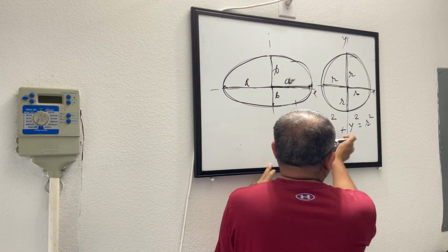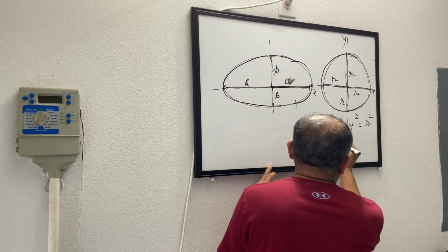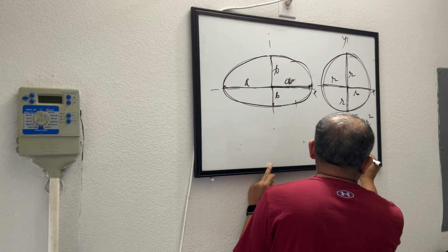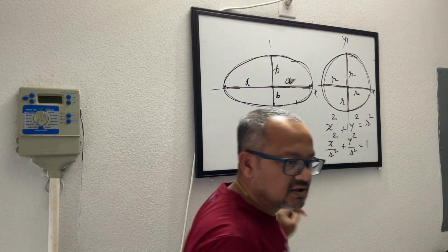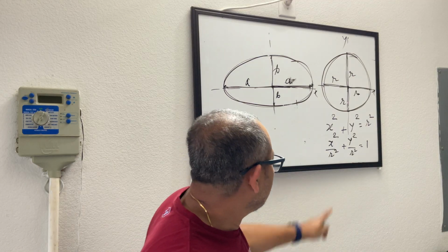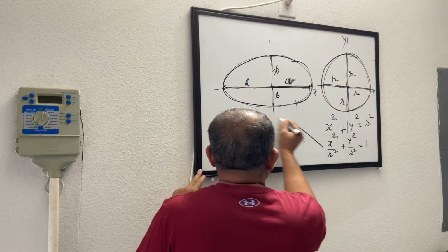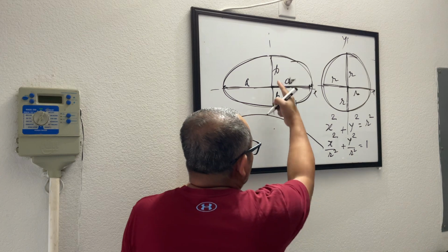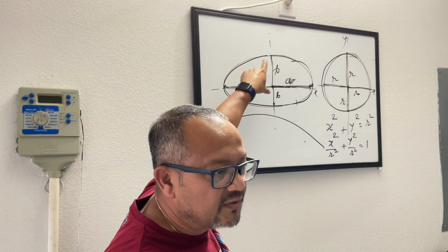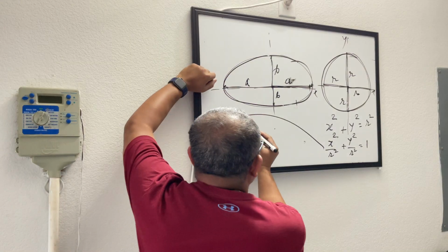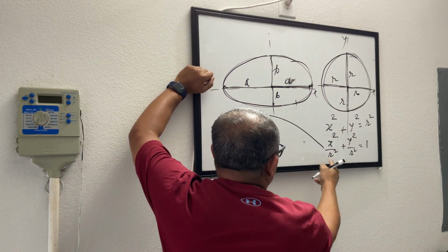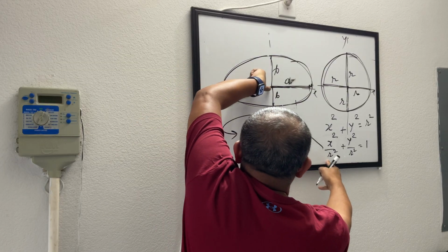If I write it a little differently, I can also say x squared by r squared plus y squared by r squared equal to 1. Is that okay? I can use the same form to describe it, or write the standard form as: along the x-axis, what is my radius?